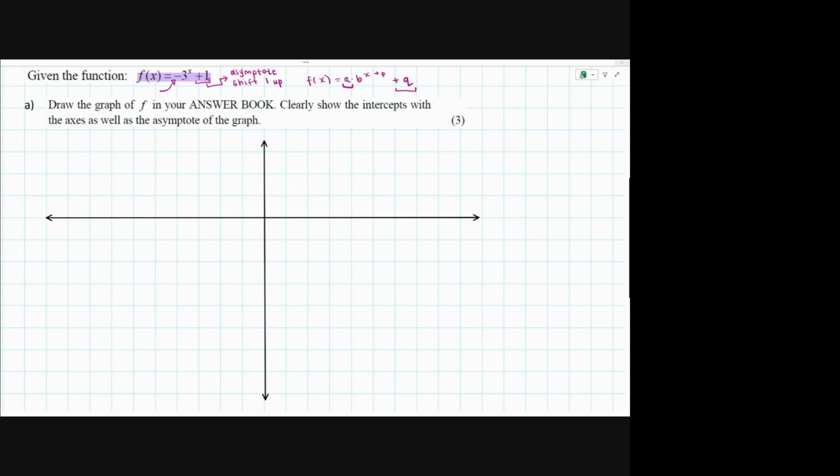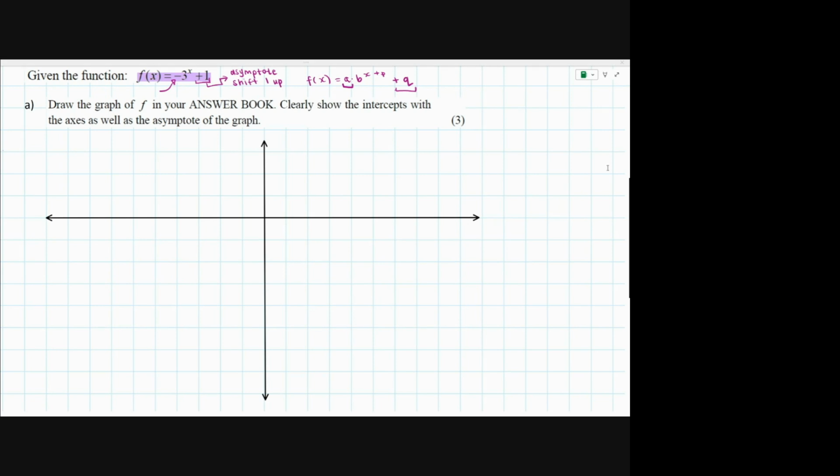It means that your graph, your exponential graph, will sit below your axis. Okay, in terms of increasing and decreasing, yes, it does show that, but the increasing and decreasing links a little closer with the B value.